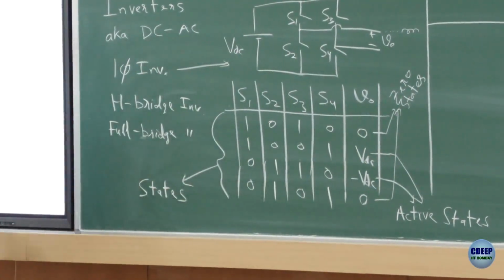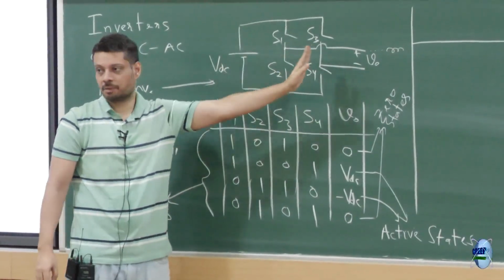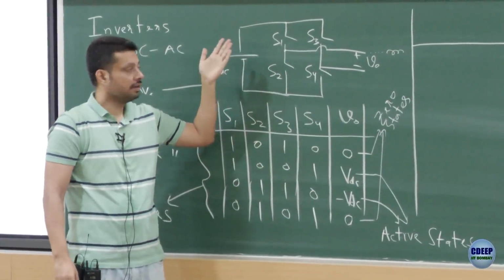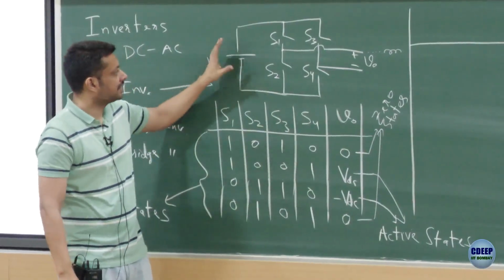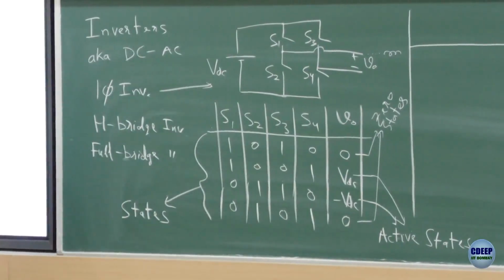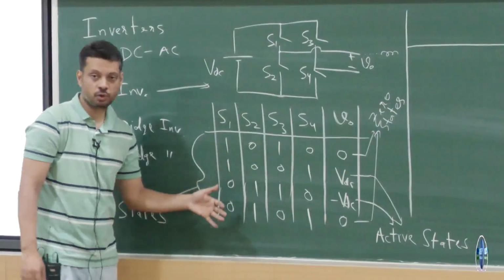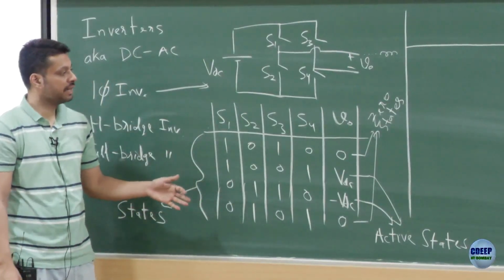Zero states because the output voltage is zero, moreover this is disconnected from the output side in a way, right? Active state means this is actively connected to the output, and think in this way. Any question?